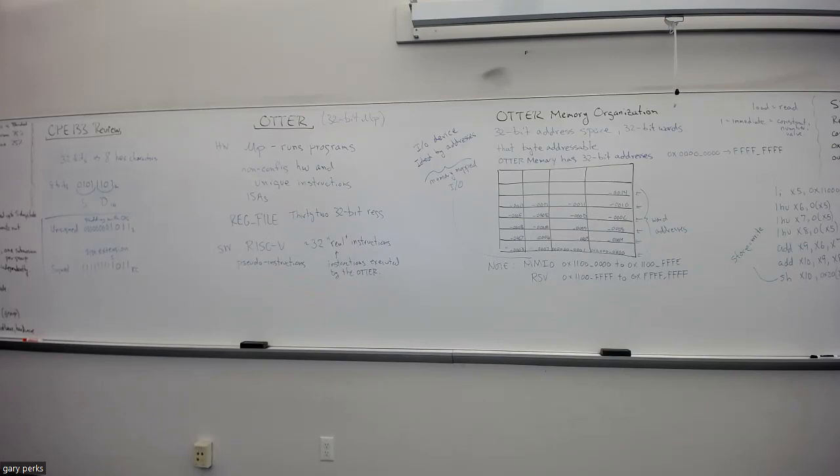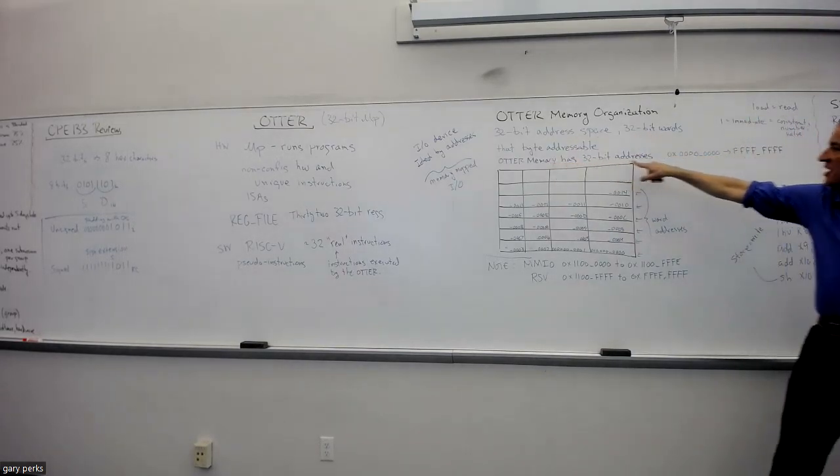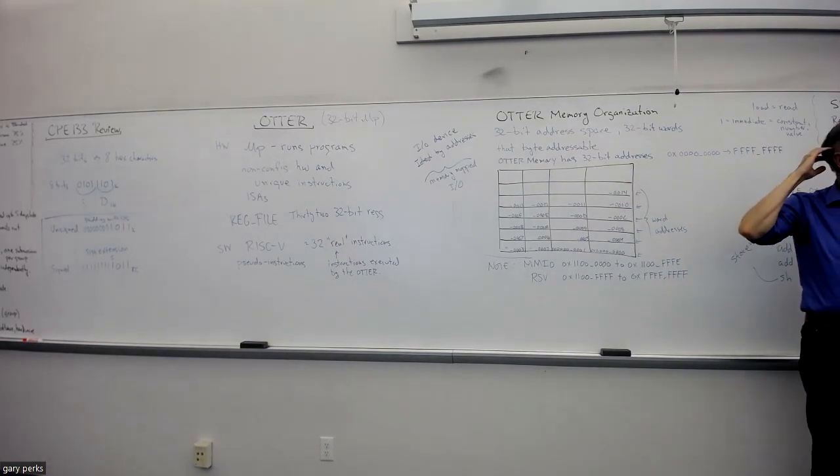Well, remember, hex characters are 0 through F. So how many bits would you need for F? 4. So each one of these characters is 4 bits. So this is 32 bits. Yeah, remember, modern memory has a 32-bit address.